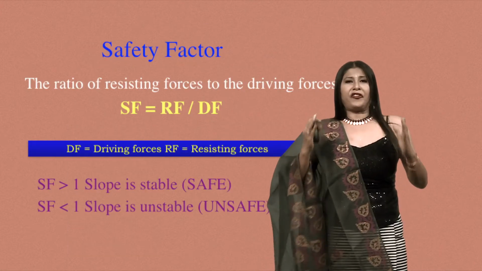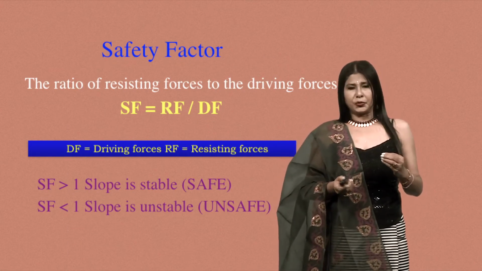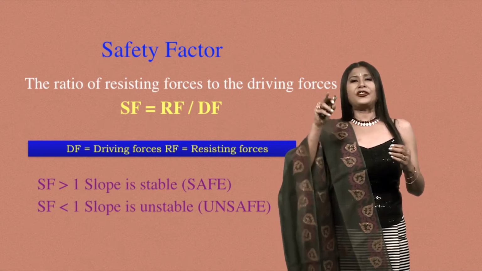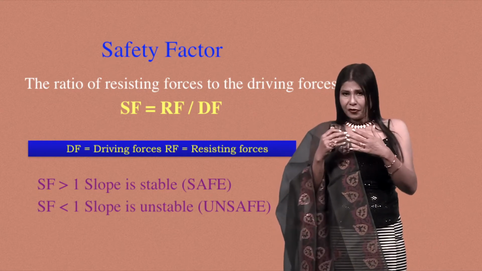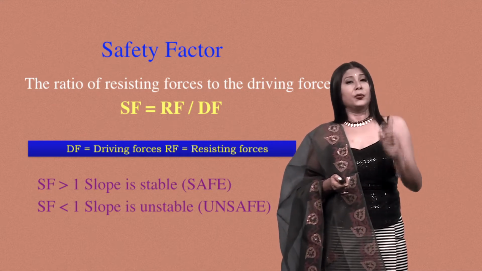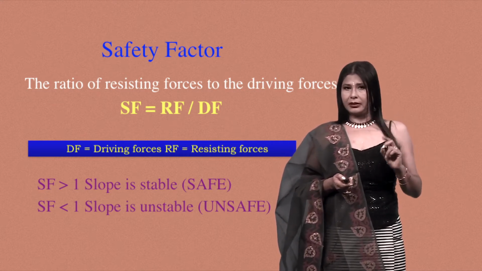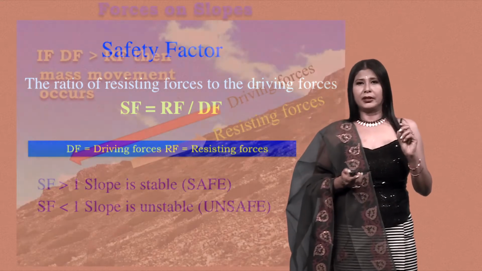So, the safety factor is the ratio of the resisting force to the driving force, which we call SF equals RF divided by DF. DF is the driving force and RF is the resisting force. When the SF is more than 1, the slope is stable, and when the SF is less than 1, the slope is unstable.